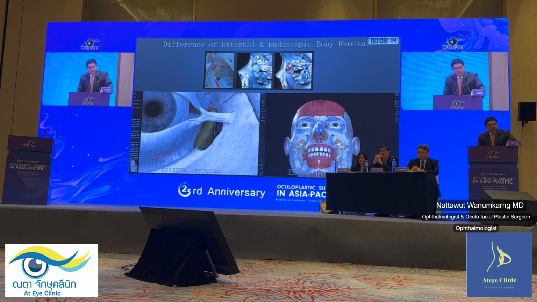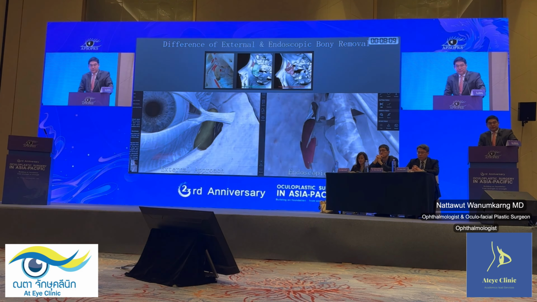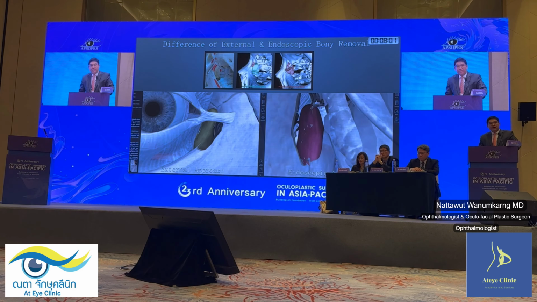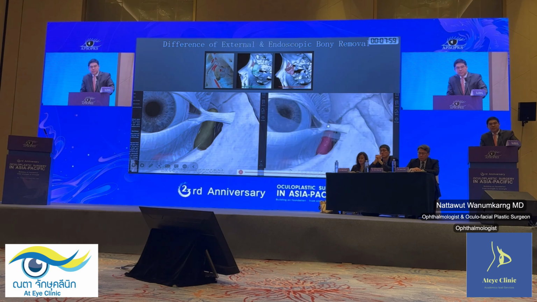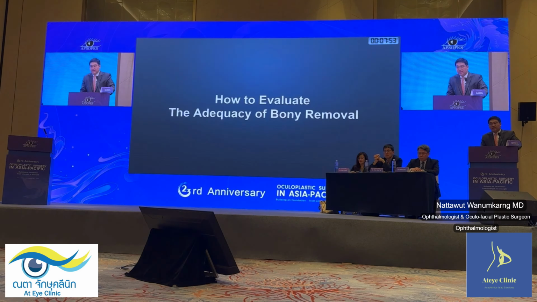With the endoscopic approach, the benefit is that you go transnasally and can remove the bone on the lower 2/3 and upper 1/3. But we need to be very careful not to do too much, because sometimes you may disturb the medial canthal ligament.